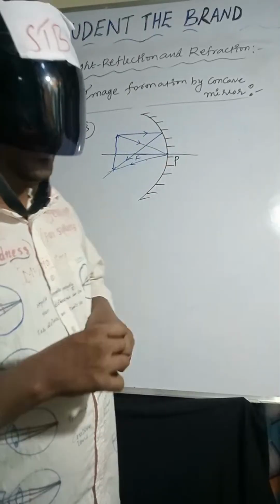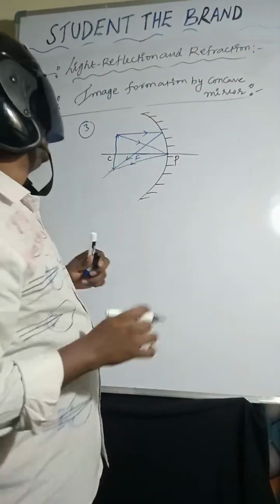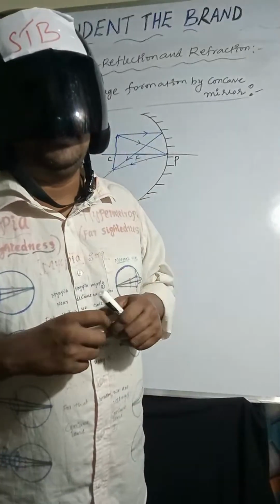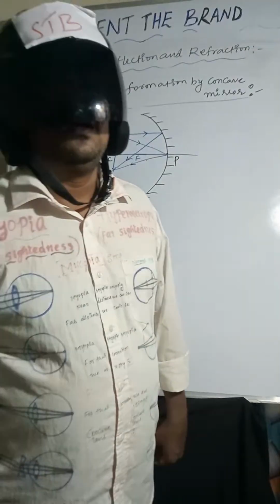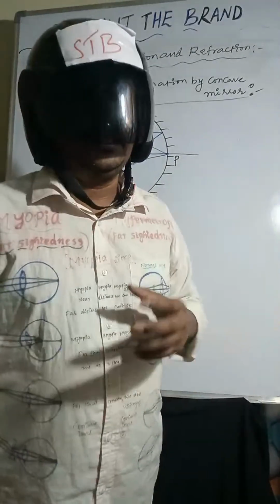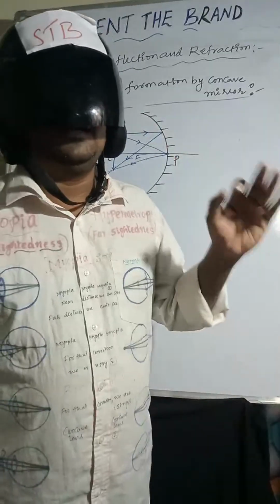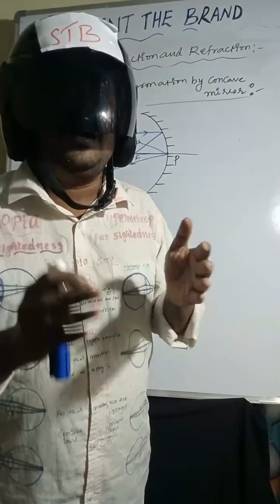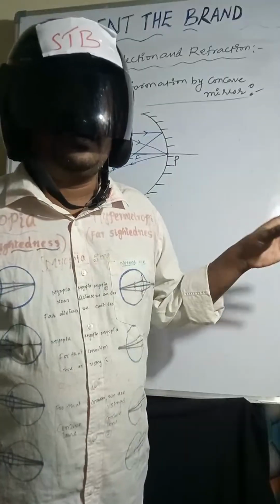Based on this, I will ask one very important question: what is the minimum distance between object and its real image in concave mirror?